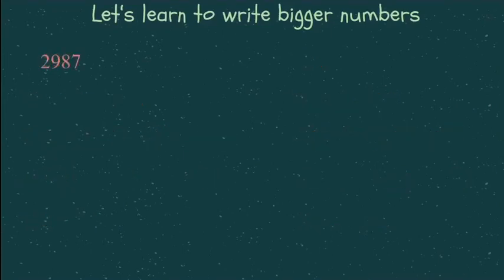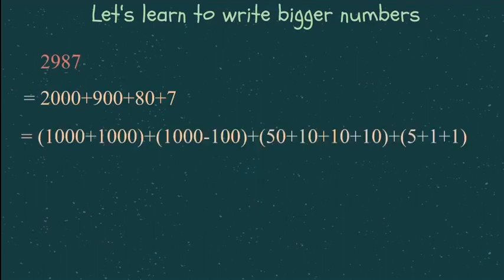Now let us take a 4-digit number, that is 2987. If we expand this number, we have 2000 plus 900 plus 80 plus 7. So 1000 plus 1000. To represent this, we'll have MM.